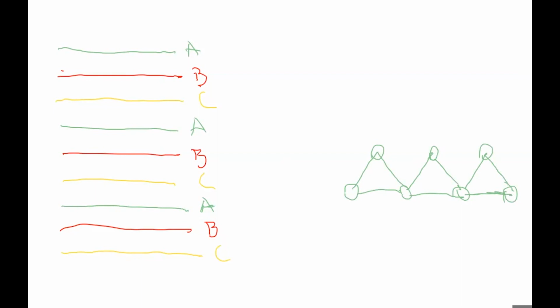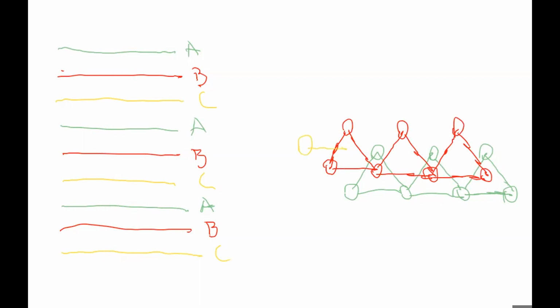So B will be something like this. So in 3D, you will see such a representation.